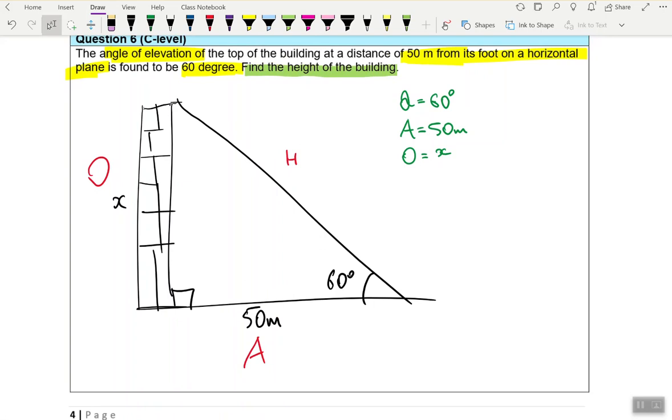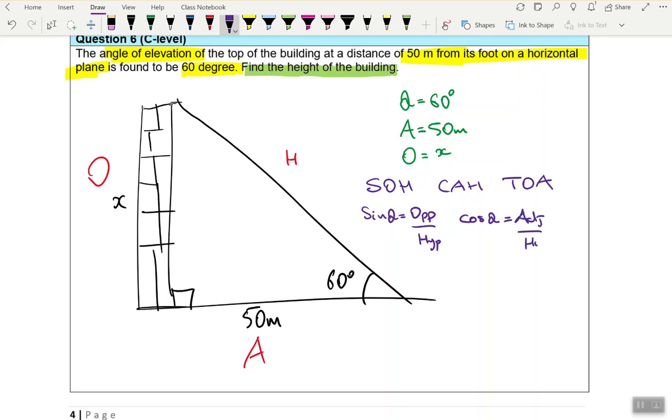After we've done that, we can write down our rules. These are our trigonometric ratios, SOHCAHTOA. SOH means sine theta is opposite over hypotenuse, cos theta is adjacent over hypotenuse, and tan of theta is opposite over adjacent.